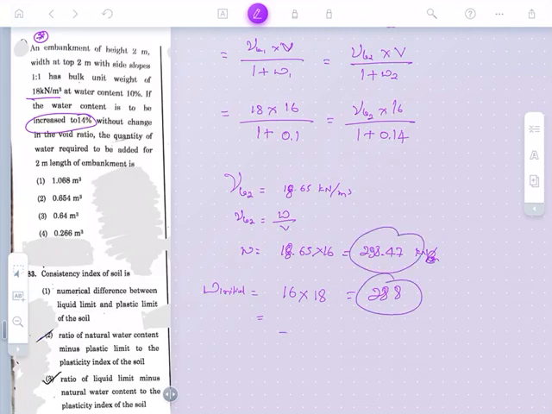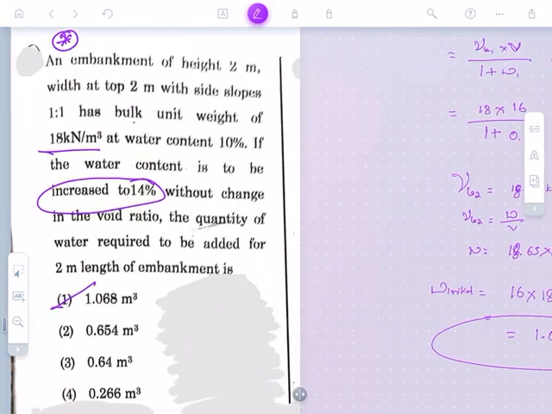Okay, so what is the difference in weights? If you calculate the difference, it will come as 1.067 in terms of meter cube. You need to convert it into meter cube. So the answer will be 1.067 or 1.068 meter cube.